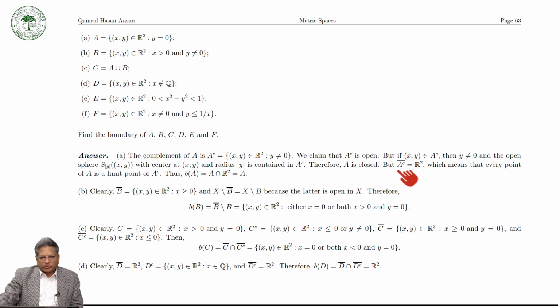But the closure of the complement of A is equal to R2, which means that every point of A is a limit point of the complement of A, and therefore the boundary of A is equal to A intersection R2, which is equal to A. So the boundary of this set is equal to A.